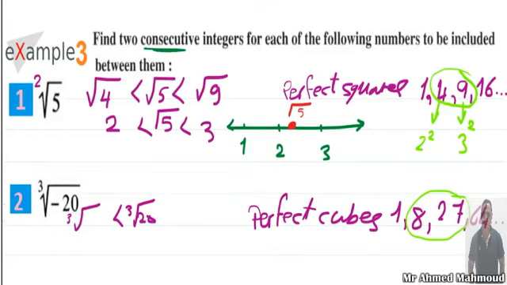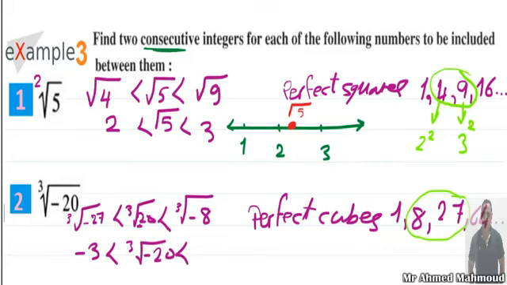It will be negative 27, and here cubic root of negative 8, which is negative also. Cubic root of negative 27, which is negative 3, then cubic root of negative 20, and then cubic root of negative 8, which is negative 2. Let's solve the next one.